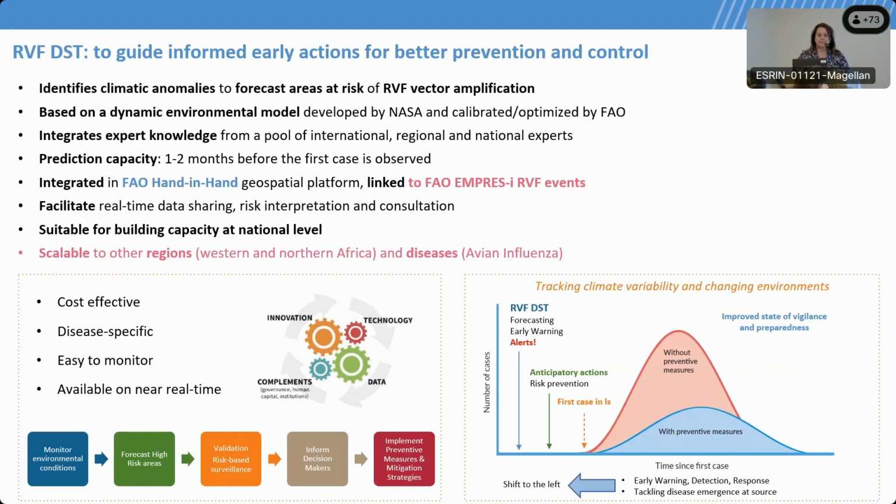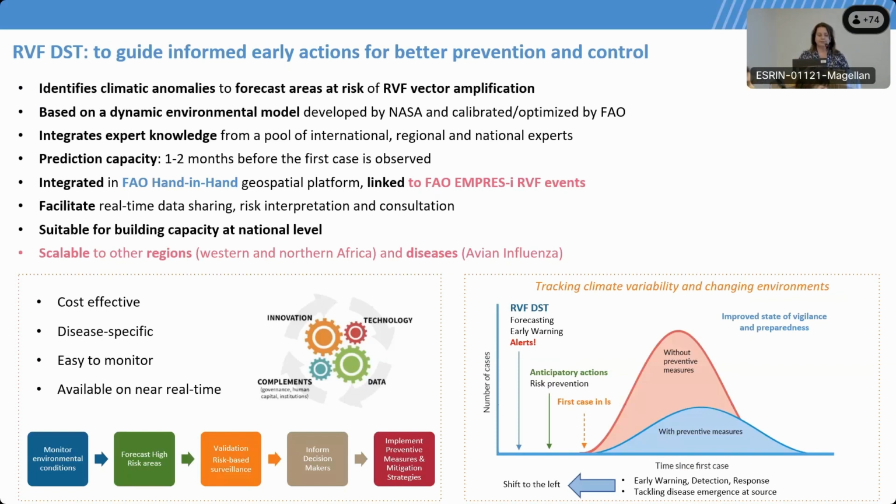The prediction capacity of this tool and the model is about 1-2 months on average before the first case is observed. In some areas, it's even better. I forgot to say that the tool has been fully rolled out and is operational in Eastern Africa for Tanzania, Uganda, and Kenya, and now it's been expanded to other regions.